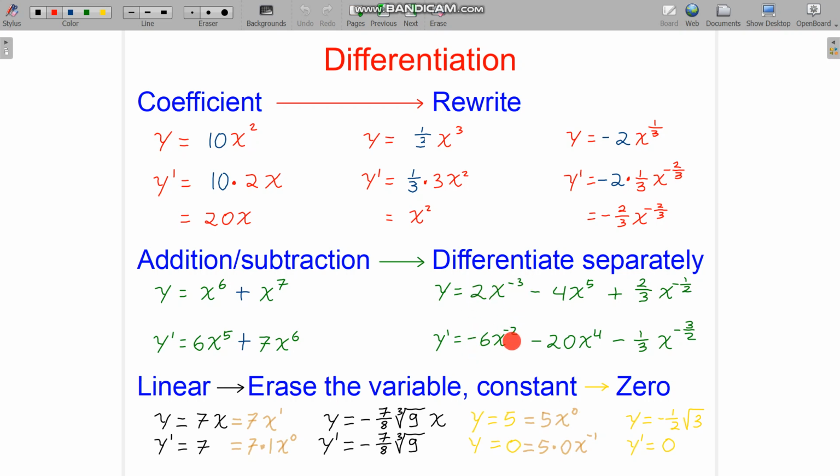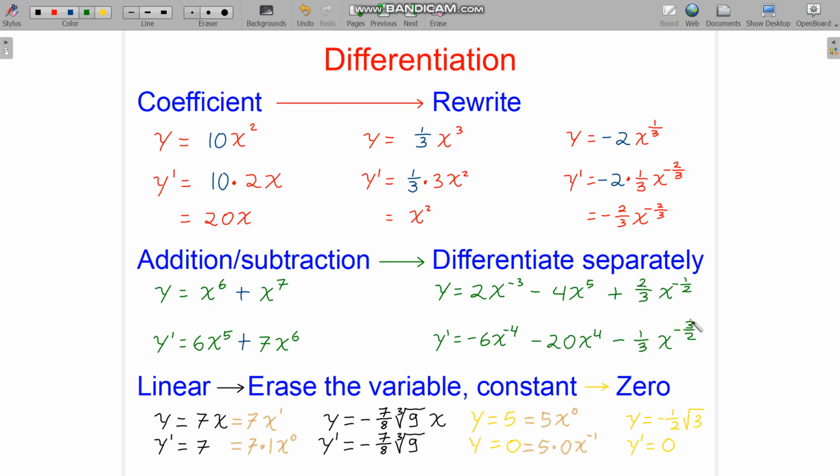The new power is, actually, not minus 2, minus 3 minus 1 is minus 4. And 5 times minus 4 is minus 20, the new power is 4. And minus 1 times 2/3 is minus 1/3. Minus 1/2 minus 1, that's minus 3/2.